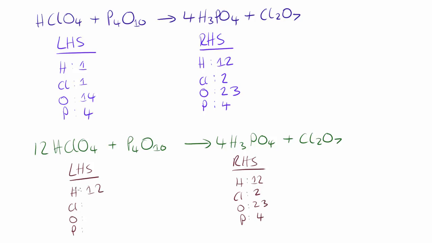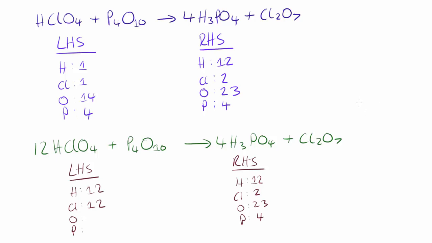It doesn't occur here, so again it would be 12. And for oxygen, oxygen occurs in both species, so it occurs in this species and in this species, right? So you can imagine we're getting quite a bit of oxygen. I would invite you to have a go working out what our new value of oxygen would be.